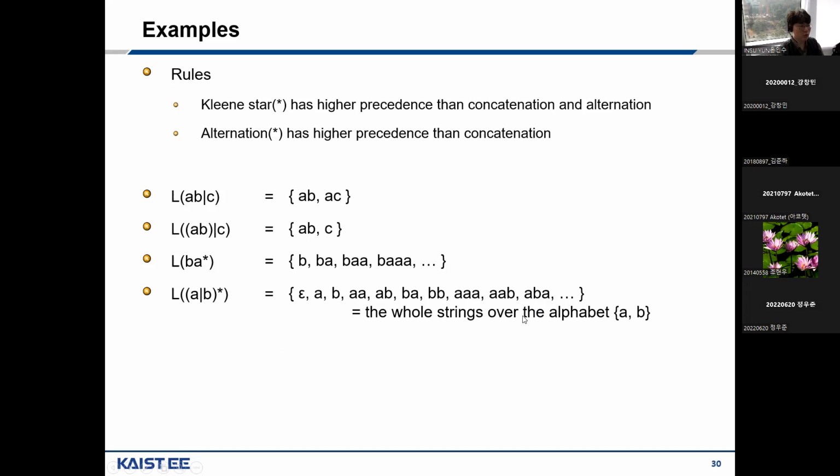That would be all the strings over the alphabet A and B. I hope you understand how concatenation, Kleene star, and alternation work.